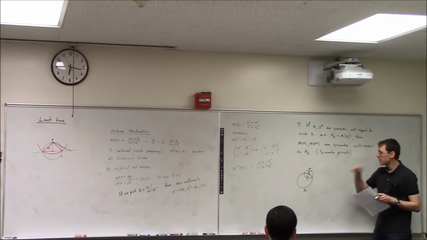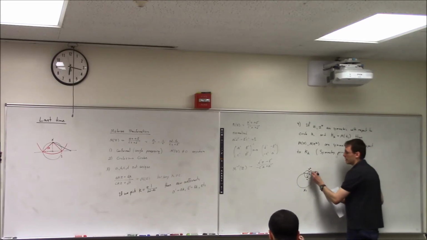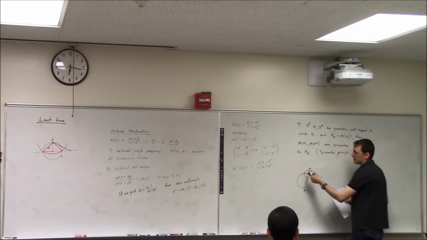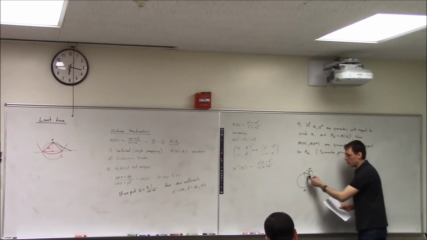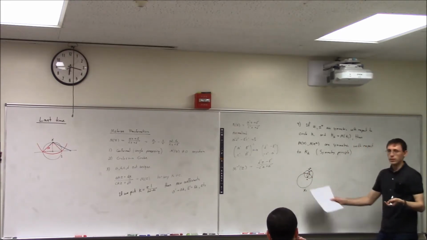And if it's so, they must lie on an intersection of any two circles that go through Z and are perpendicular to K1.